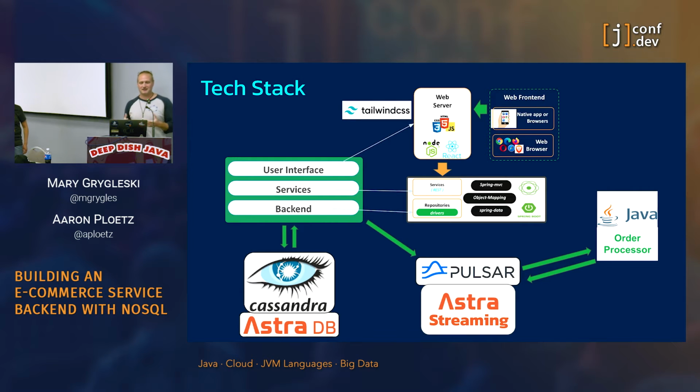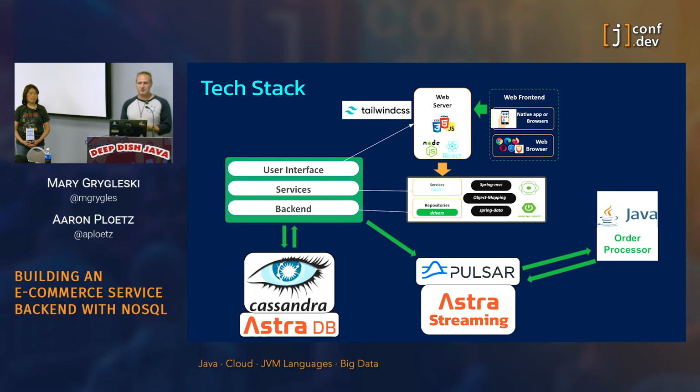On the data store backend, we're going to be using AstraDB, just because it's a quick way to stand up a Cassandra cluster to show you all how that works. We're going to have Astra Streaming, which is essentially Pulsar as a service, cloud native. The service layer, again, as I mentioned, is Spring Boot and Spring Data.